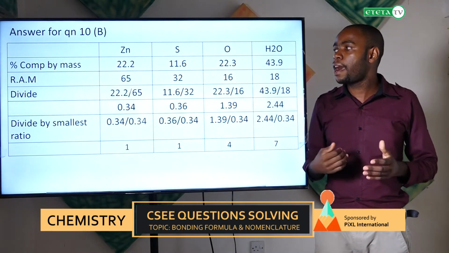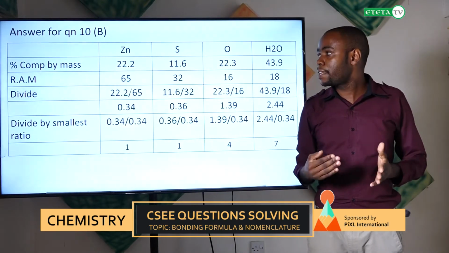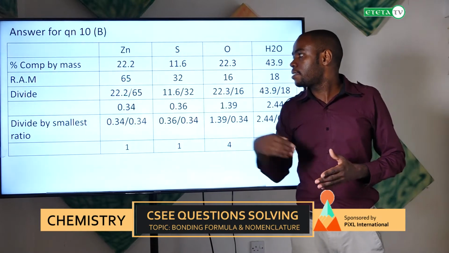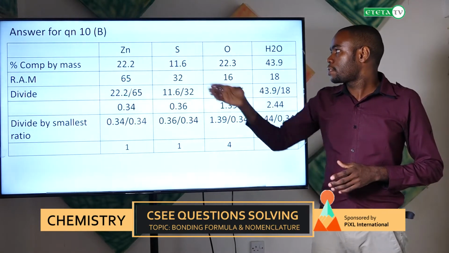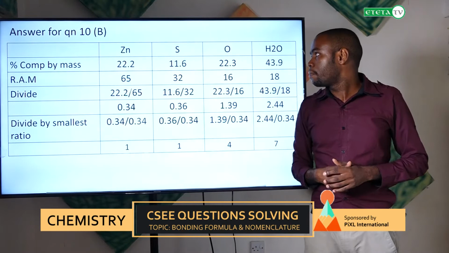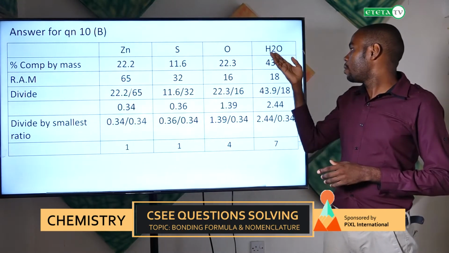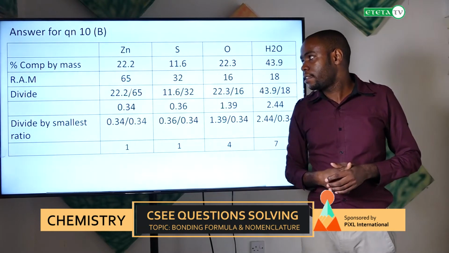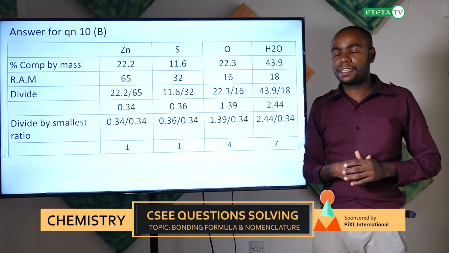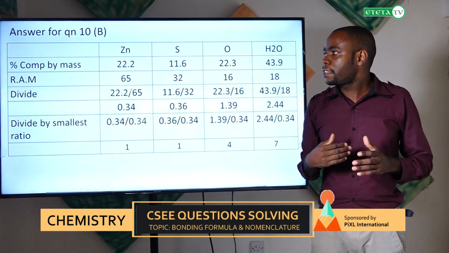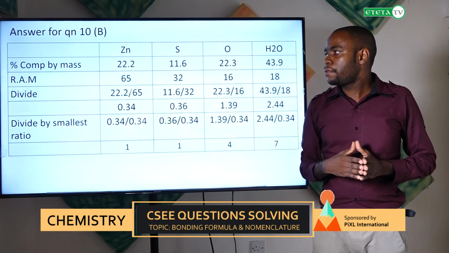Another thing you need to have is the relative atomic mass. The relative atomic mass of zinc is 65, sulfur is 32, oxygen is 16, and water is 18. So you now divide percentage composition by relative atomic mass.